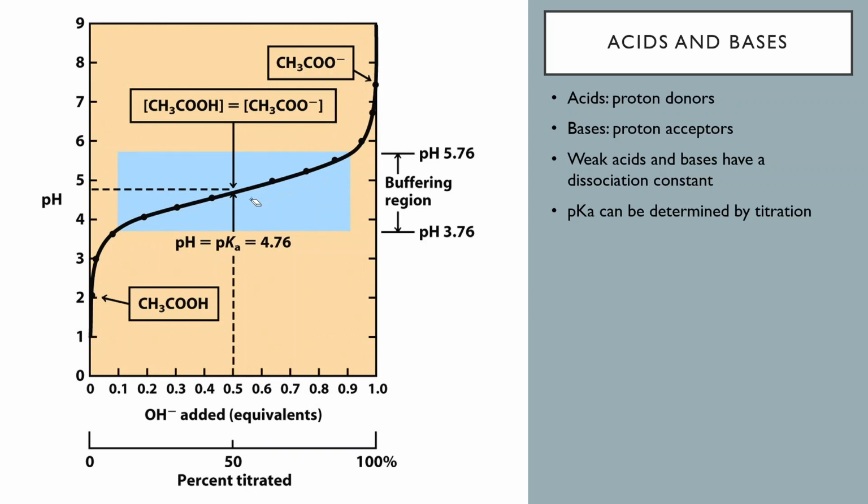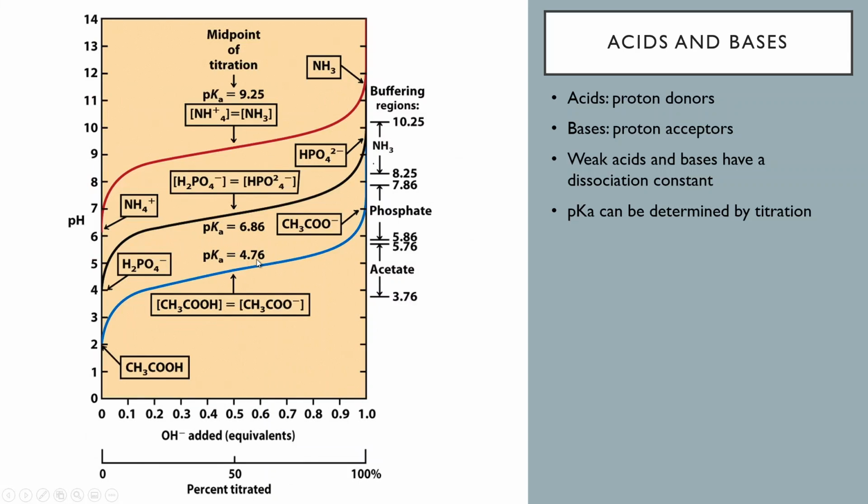So once you get to this inflection point where the slope of that line starts to change, that is where you have reached a pH that's equal to the pKa, and so you can determine it empirically that way. And again, different acids have different pKa values.